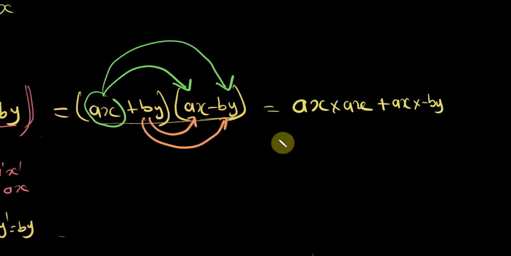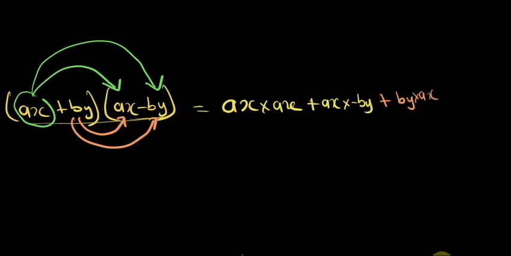Okay. And then plus by multiplied by ax, plus by multiplied by minus by. So this becomes ax multiplied by ax.